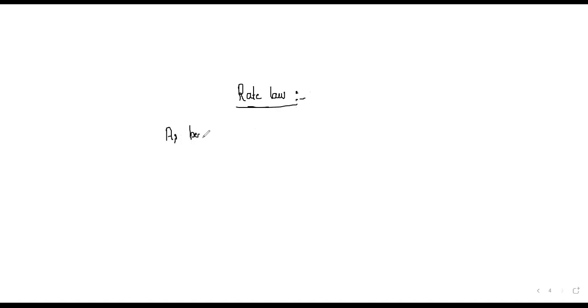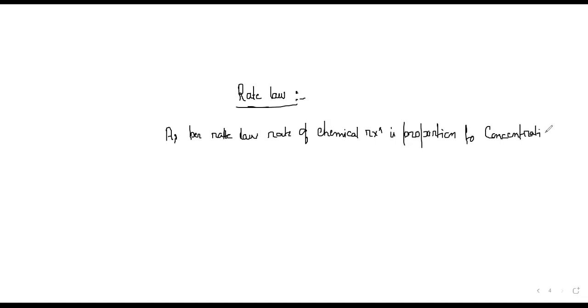As per the rate law, the rate of chemical reaction is proportional to concentration to power n value.